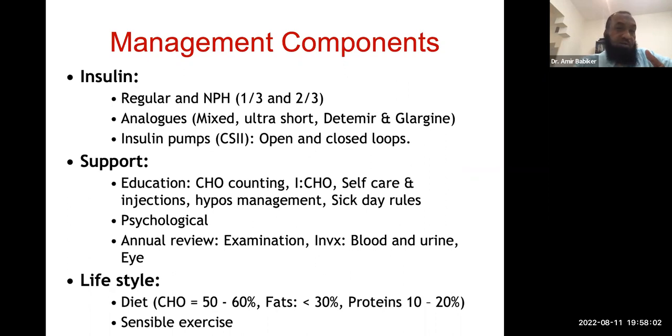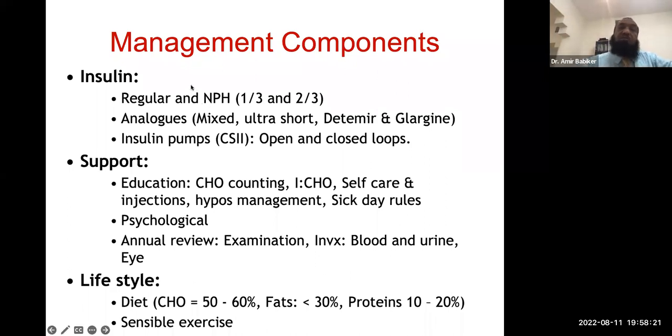Novorapid is a rapid one, Novomix is a mixed one. So Novomix 30 means that 30% of it is Novorapid and the intermediate, like NPH, is 70%. You also have a mixture between the regular and NPH.